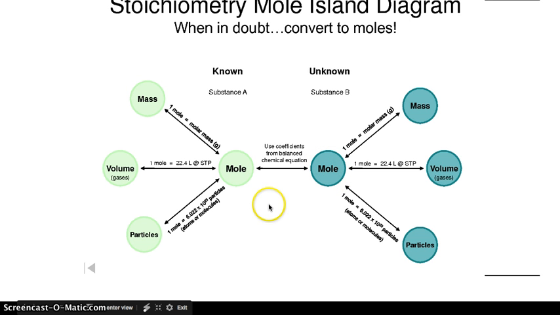That is the new part of stoichiometry. And how you get there from moles of a known substance to moles of something else is through the coefficients of your balanced equation. Okay, so you can pause the video and take a minute to study this map. Again, it's also in front of you, but we're going to be using this quite a bit.